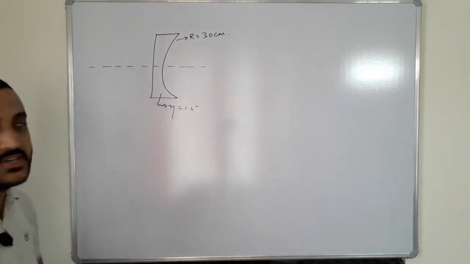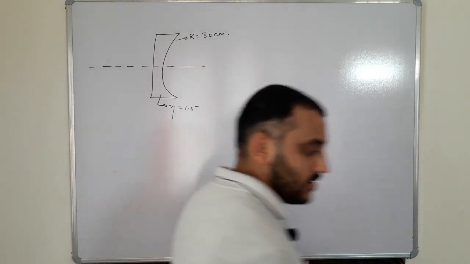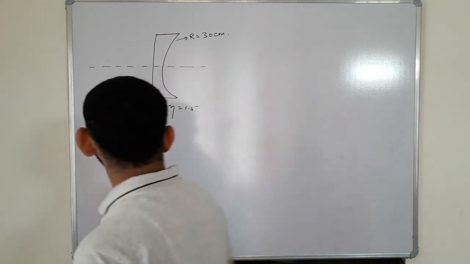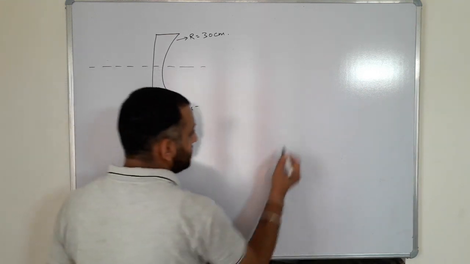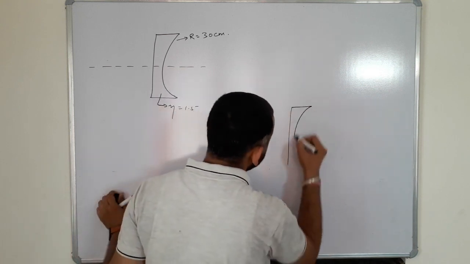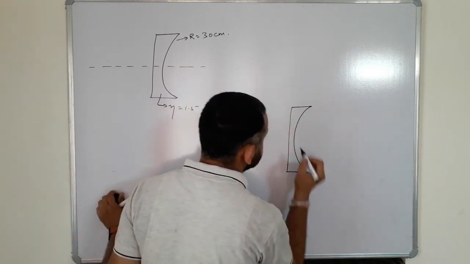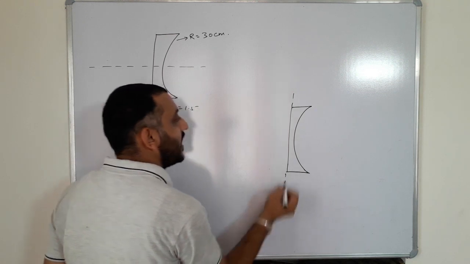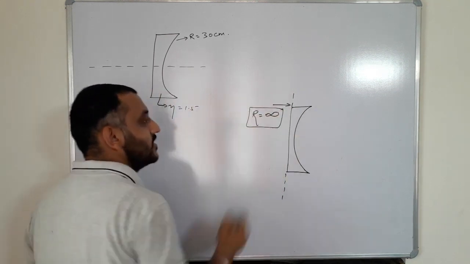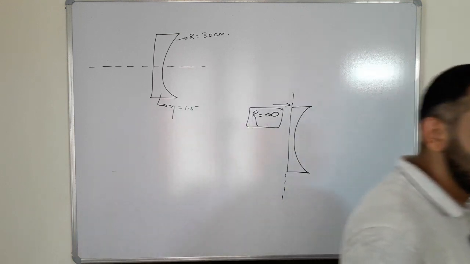Now what is the change in this question from what we previously discussed? The change is that one surface is straight and one surface is having a curvature like this. This straight surface will have a radius of curvature of infinite.